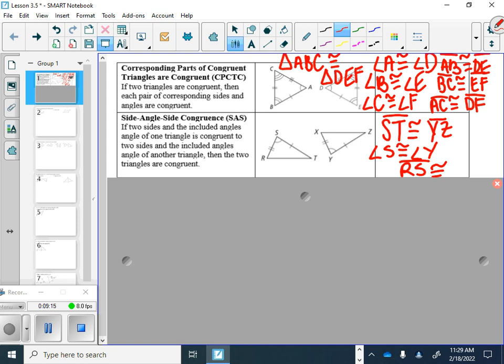There you go, XY. Okay, I didn't start off with the angle, so I got to start off with the non-angle here. So that would be XY. Okay, so now I can say that triangle RST is congruent to triangle XYZ by side angle side.